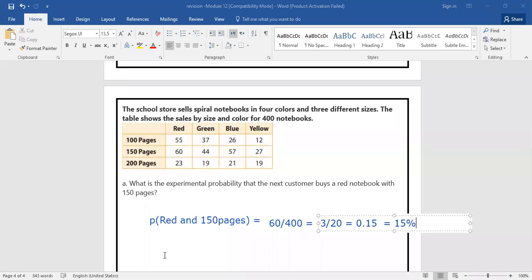Okay, Hannah, I will give you a question. Ready? Let's start. This is the probability of yellow and 200 pages.